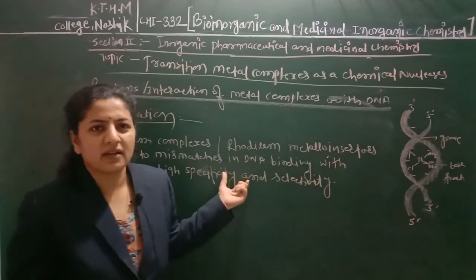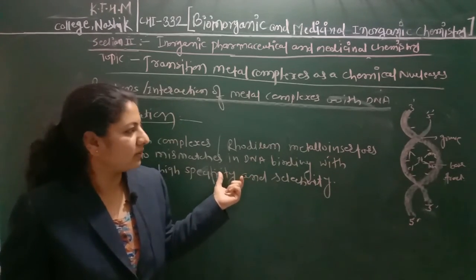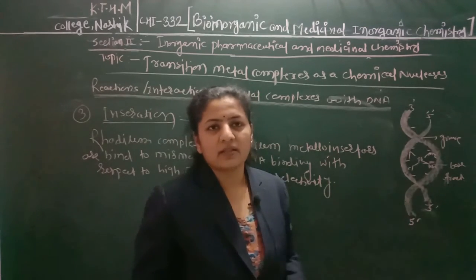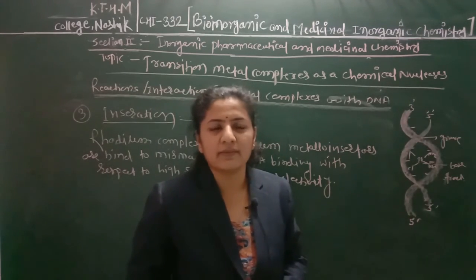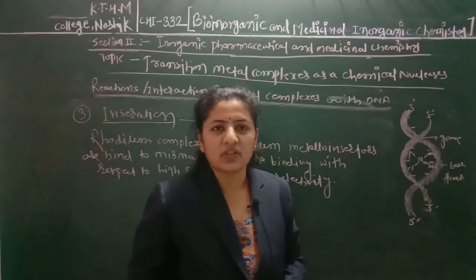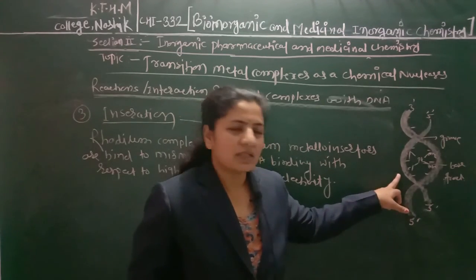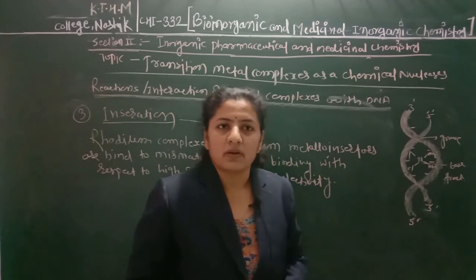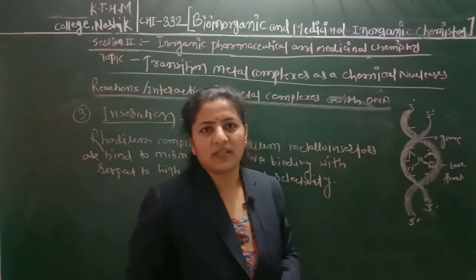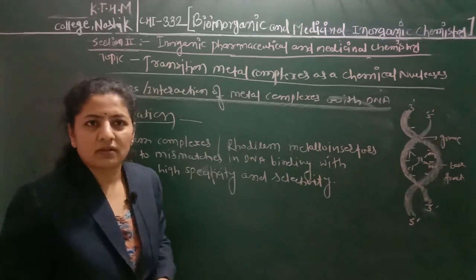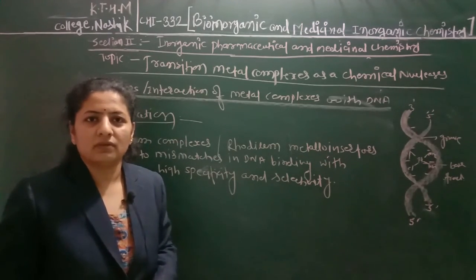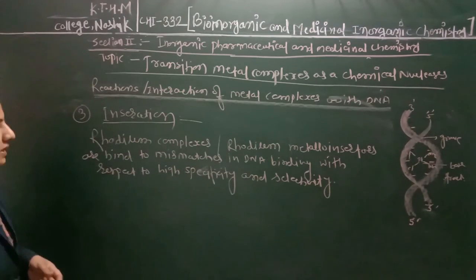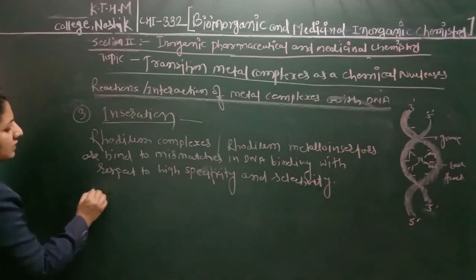Generally, rhodium complexes bind at mismatches in the DNA base pair, whereas platinum complexes, as we know, cisplatin is an anti-cancer agent which can perfectly bind the base pairs, and it can effectively stop or control the replication of DNA, preventing the uncontrolled growth of the neoplastic cells.